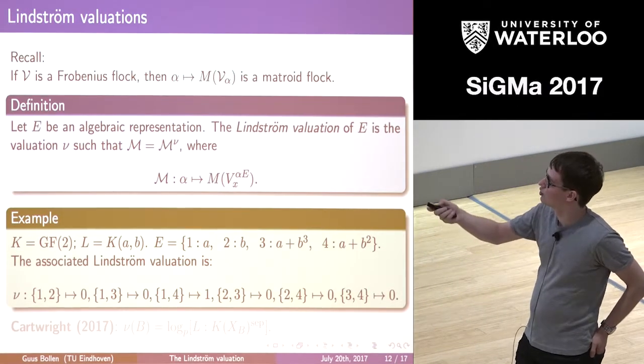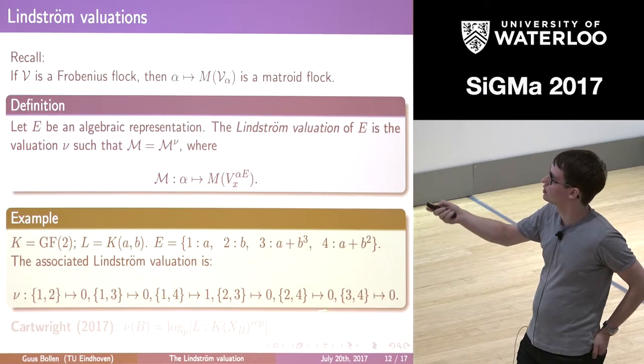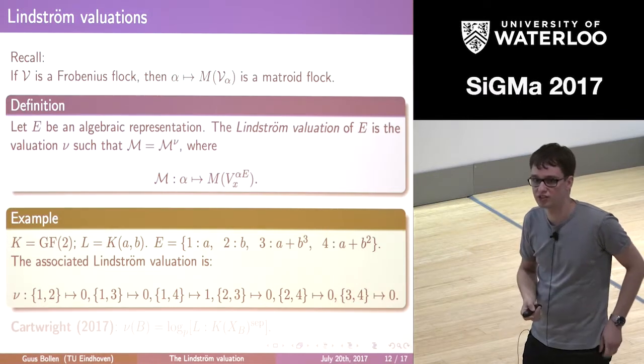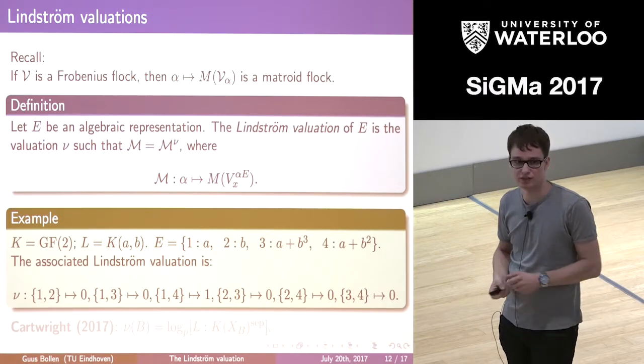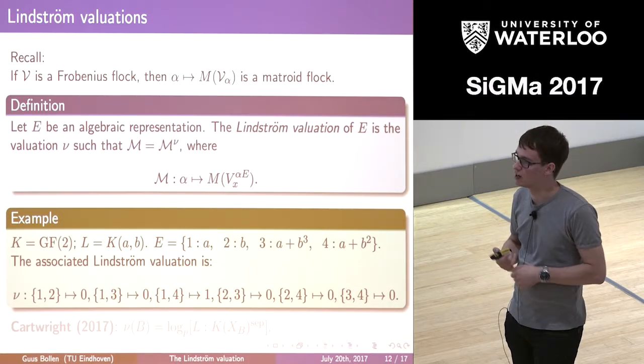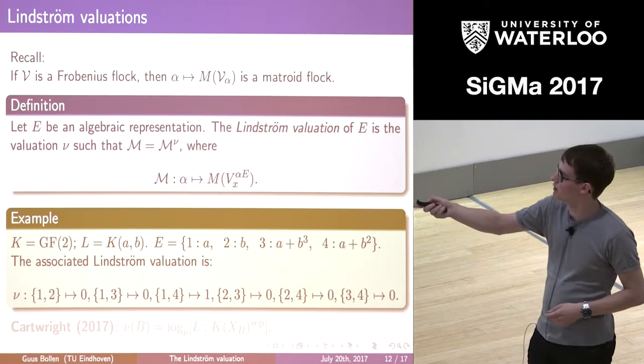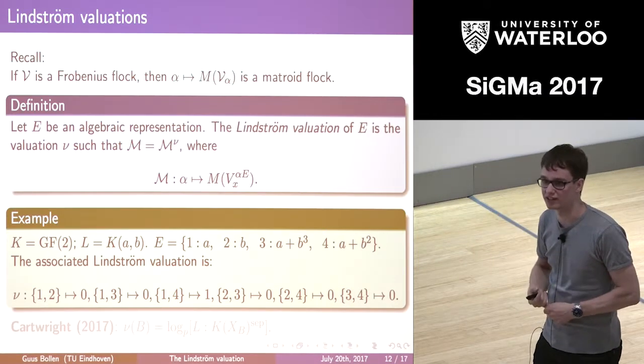Okay, so the Lindström valuation for this example assigns 0 to each basis except 1, 4, because 1, 4 was not a basis of the linear representation we had after taking the derivations, and it will be a basis somewhere else.